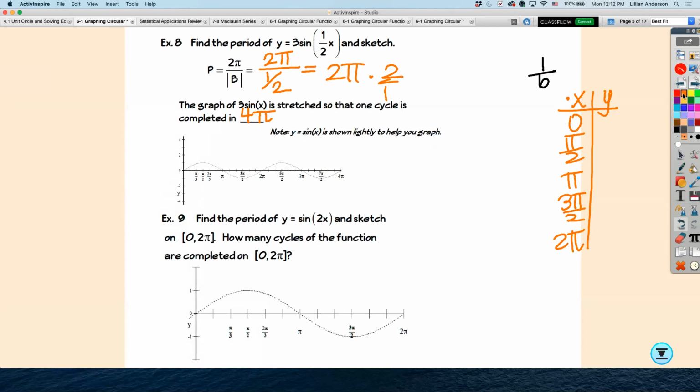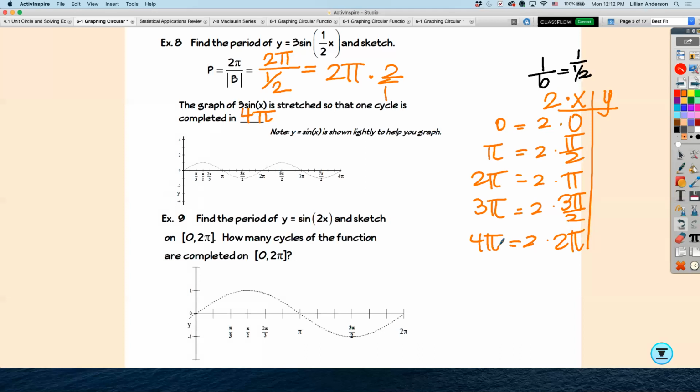Since b is 1/2, I have to multiply all of my x's by 1 over 1/2, which is the same thing as saying 2. So in order to apply that horizontal stretch by a factor of 2, I have to multiply all of my x values by 2. So that becomes 0, pi, 2 pi, 3 pi, and 4 pi. Those now become the new x values that I'm going to plot.